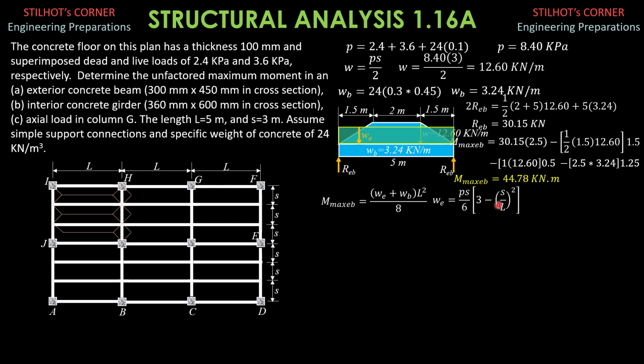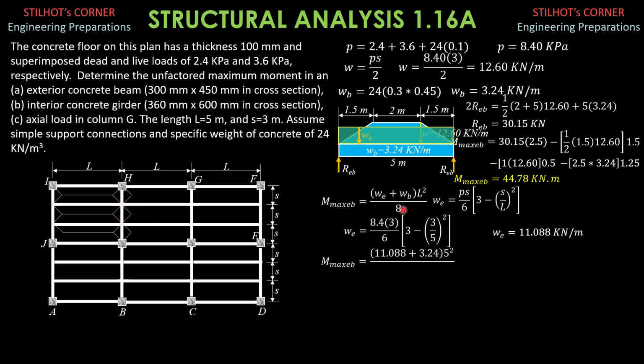That's the formula, times 2 for an interior beam, but for an exterior beam, that's the equivalent formula. So substitute pressure 8.4, S 3, over 6, quantity 3 minus quantity 3 over 5 squared. So the equivalent uniform loading is 11.088 kilonewtons per meter. Substitute into this formula, the maximum moment in an exterior beam is 11.088 plus 3.24, times 5 squared over 8. And we expect the same answer as that, 44.78 kilonewton meters.